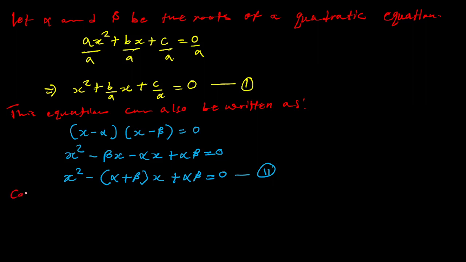So comparing equation 1 and equation 2, we have the following. When we compare equation 1 and 2, we need to expect the following, which I am about to write.